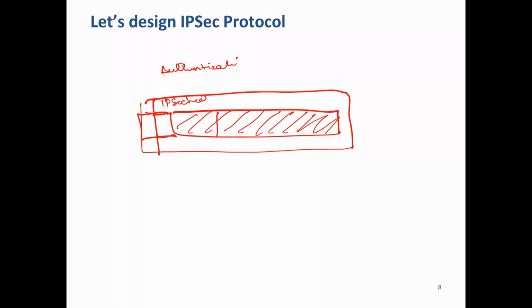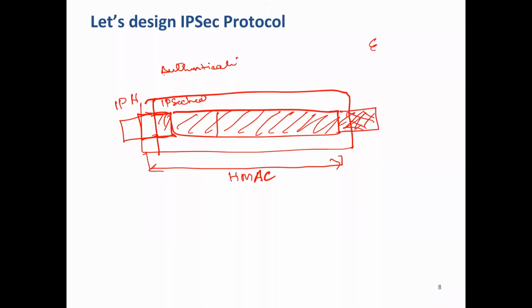So we will have the IPSec header here and the normal IP header. Over part of all this we can calculate an HMAC and put that code somewhere here, and so the recipient node can find out whether it has received correctly or not. So we can do encryption plus authentication.